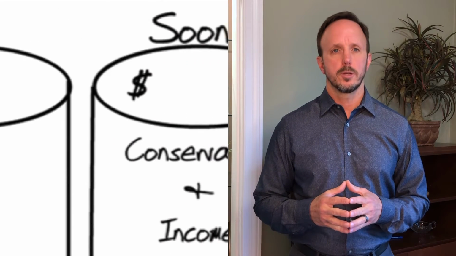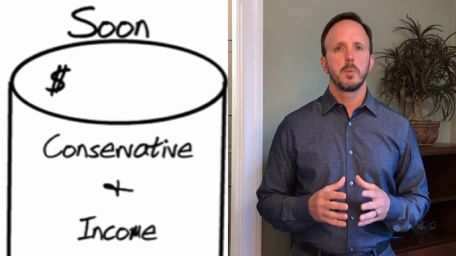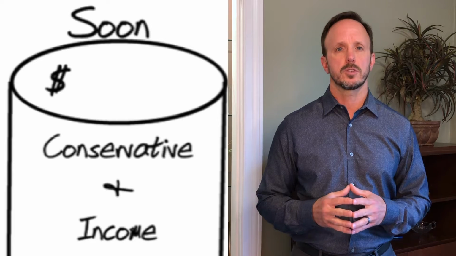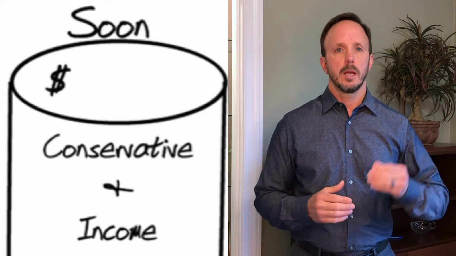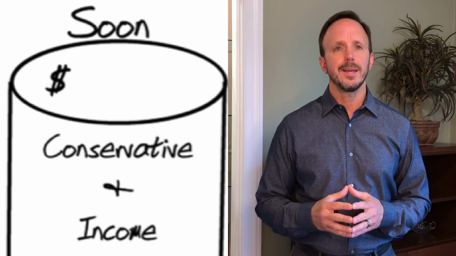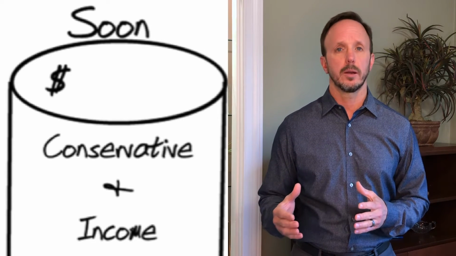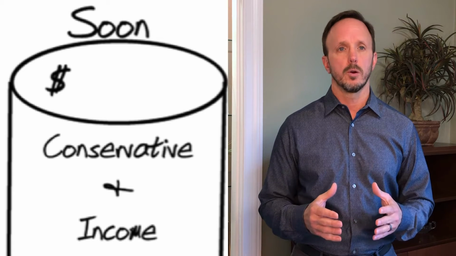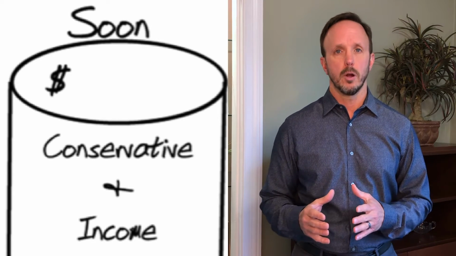Next, we have bucket two, the soon bucket. This bucket helps address two of the biggest concerns in retirement: inflation and sequence risk. This is the money that we may need to access sooner rather than later, so it should be invested for growth, but conservative growth.